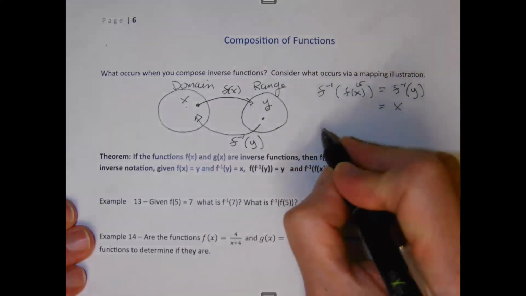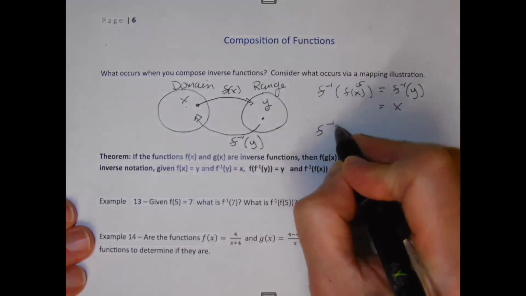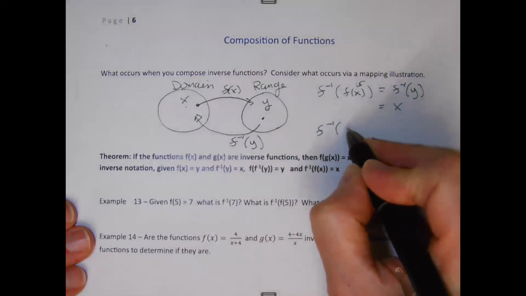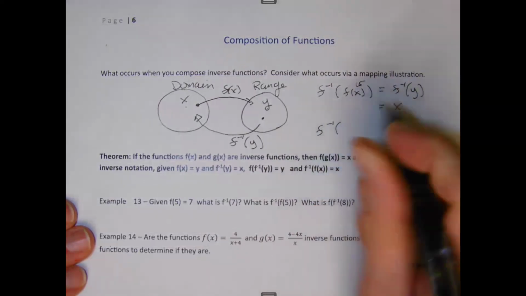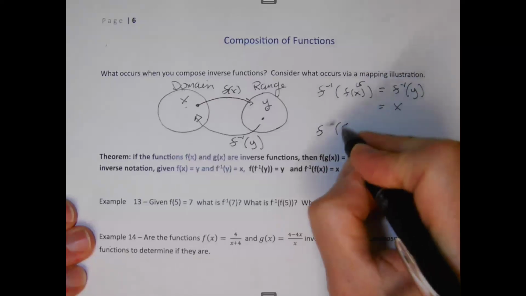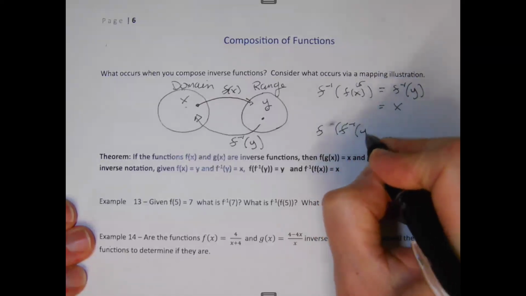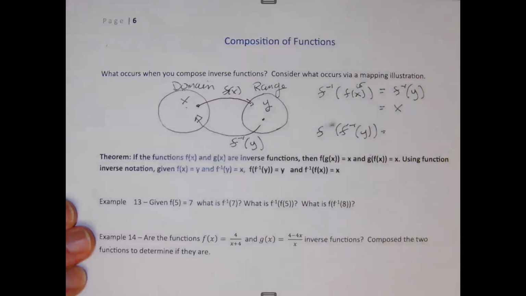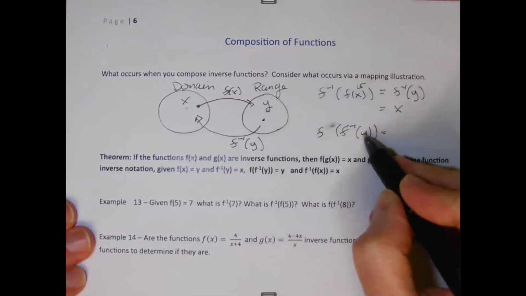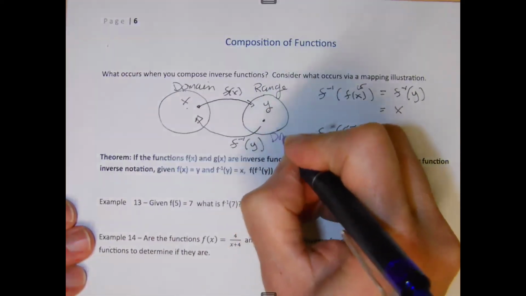Well, what happens if it works the other way around? What's F of F inverse of Y? So now I'm starting here in the range. Again, remember, domain and range are interchangeable.